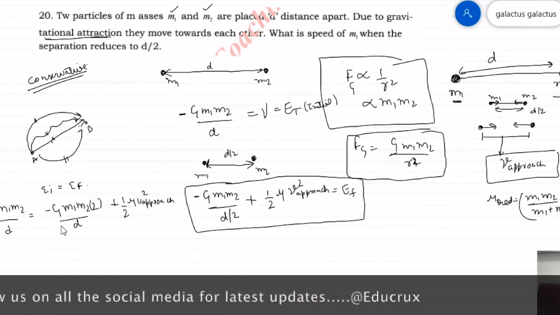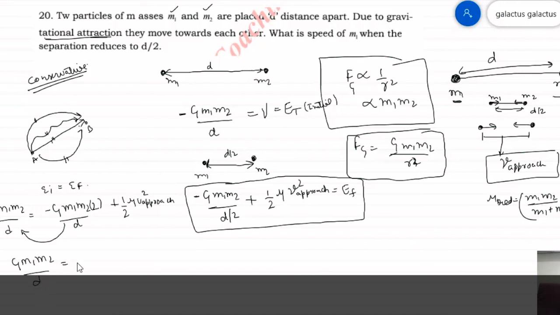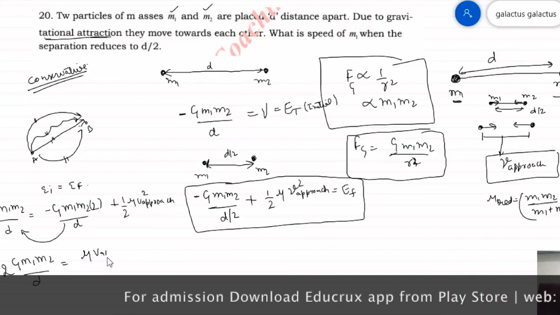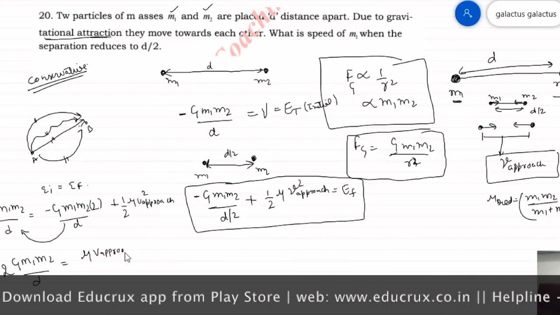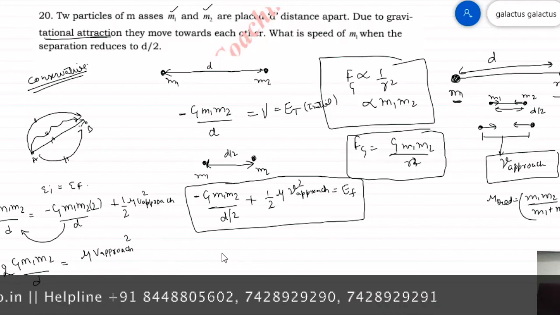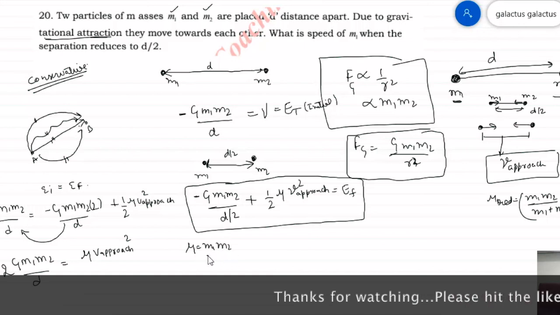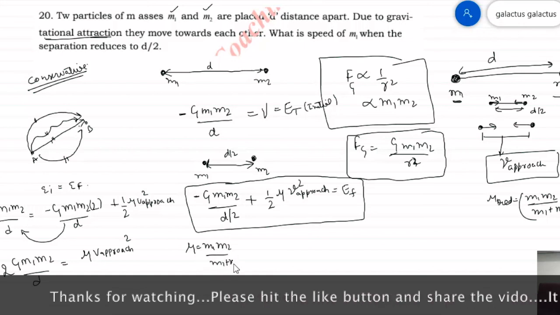If I take this expression to this side, I'll get G m1 into m2 upon d equal to 2 mu v approach square, and the value of mu is equal to m1 into m2 upon m1 plus m2.